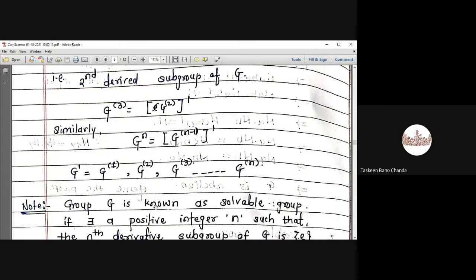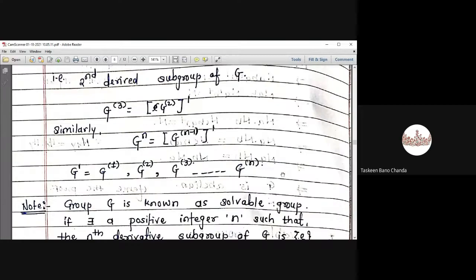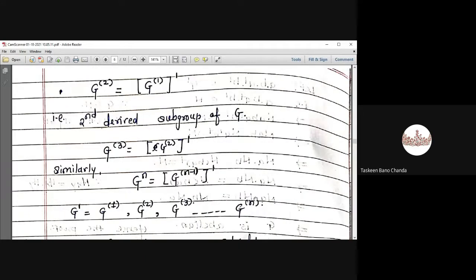Group G is known as a solvable group if there exists a positive integer n such that the nth derived subgroup of G is singleton E. Suppose here in this series G raised to n is equal to singleton E, then we say that this G is nothing but a solvable group.